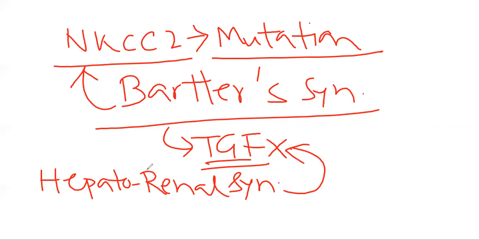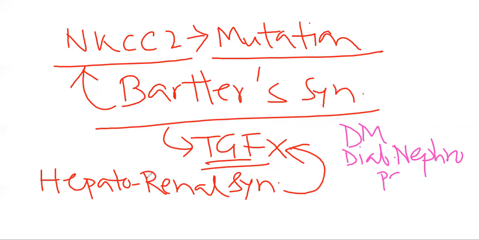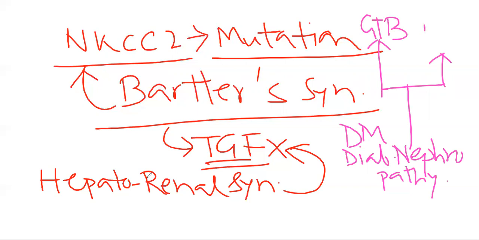And in the late stage of diabetes mellitus, in diabetic nephropathy, both the tubuloglomerular feedback and the glomerulotubular balance mechanism will be disrupted. So these are the clinical importance about our tubuloglomerular feedback and the glomerulotubular balance.